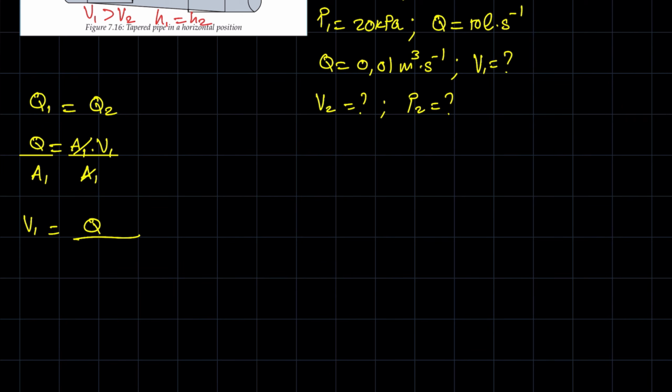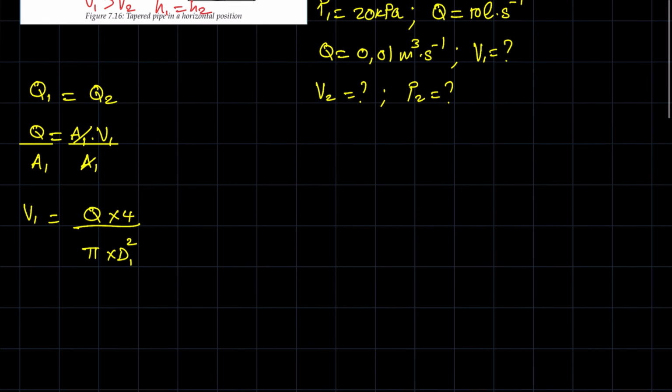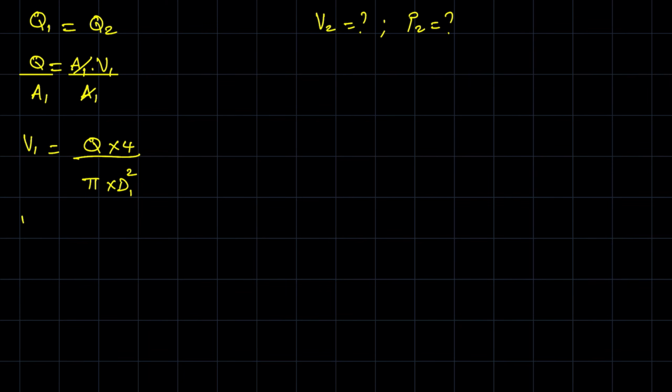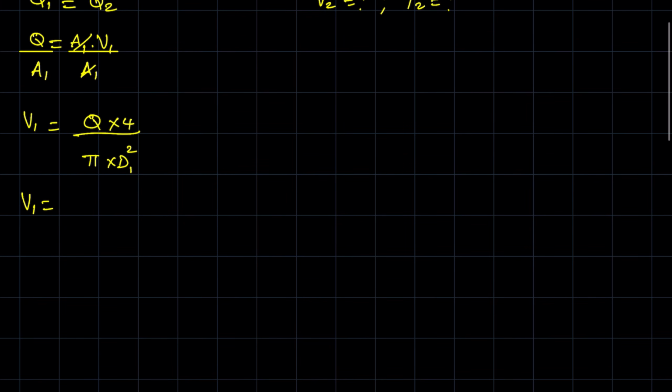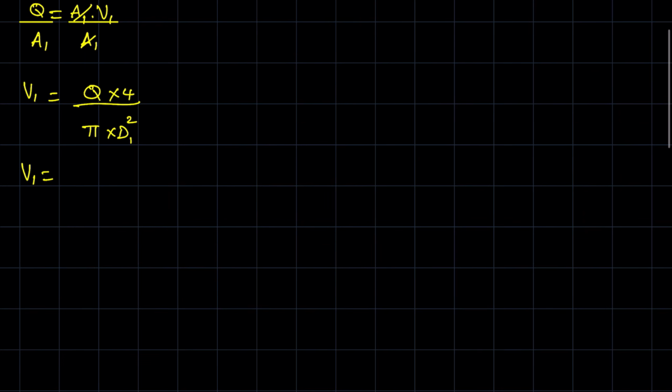Therefore V1 will be equal to Q over the area 1. Now we know the area is pi over 4 times d squared, which will work out as Q times 4 over pi times d1 squared. And then of course we substitute, so V1 will be equal to Q, which we know is 0,01, times 4 over pi times d1, which is 0,1, squared.